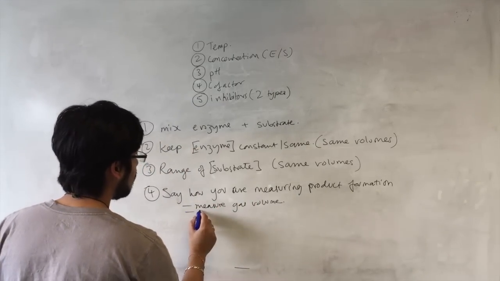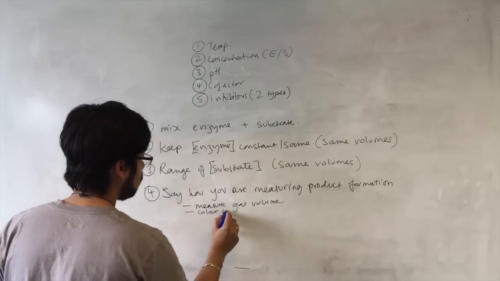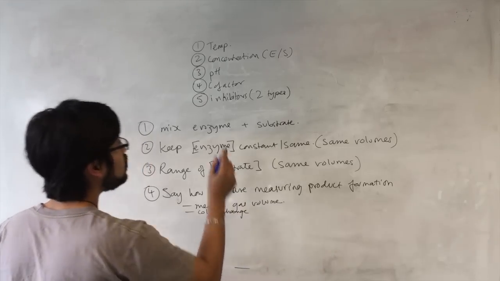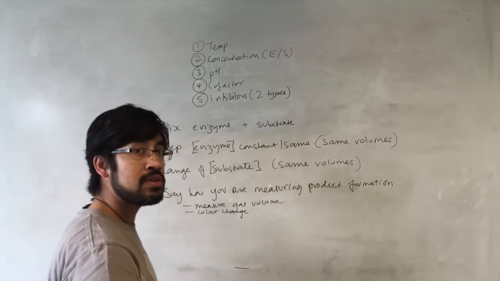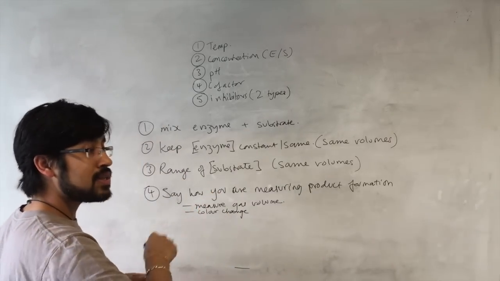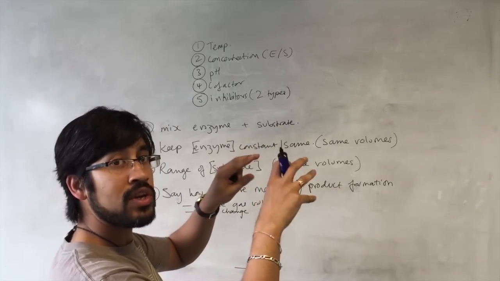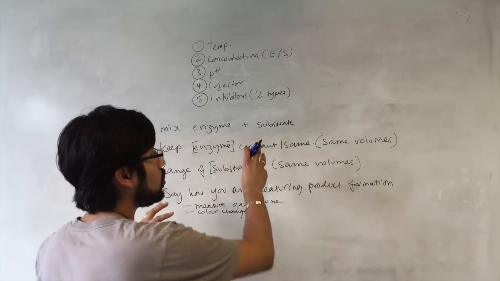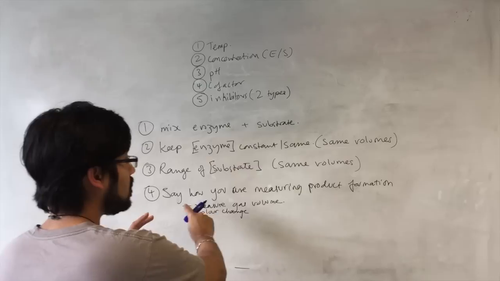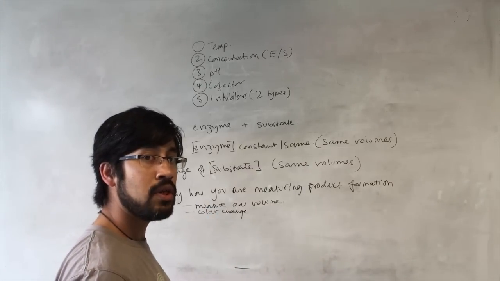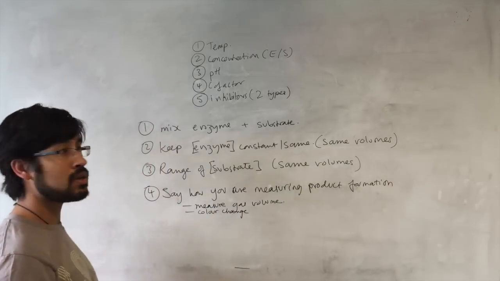Or you might have a color change. Maybe your substrate is clear, but your product is green. That will be told to you in the intro of the question, and therefore what you're being told is, look, this is how you're going to measure your reaction. We want you to use this information.